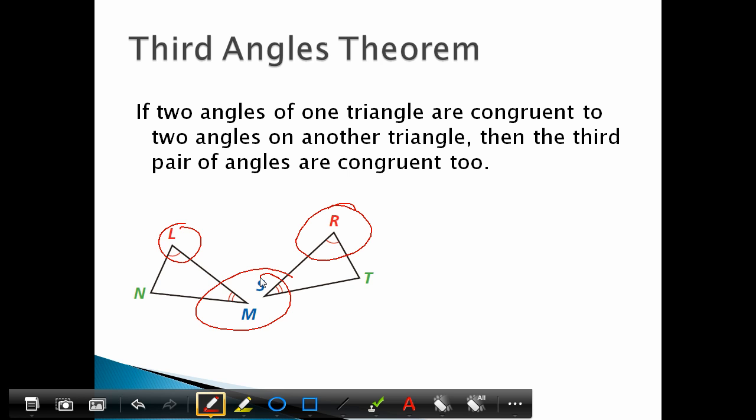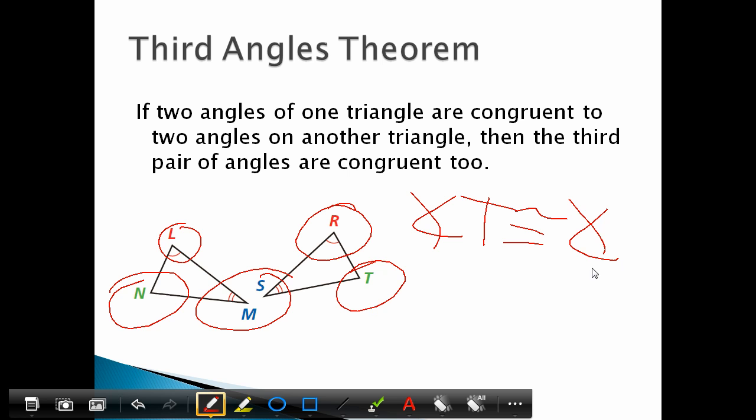If that, then the third pair are congruent too. So we got R and L are congruent, S and M are congruent. That just means that T and N are congruent. It's that simple. If you already got two pairs, they got to add up to 180. So that third pair has got to be the rest of the 180 for both of them.